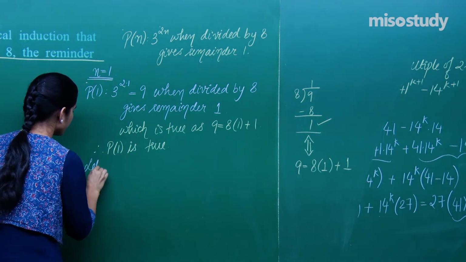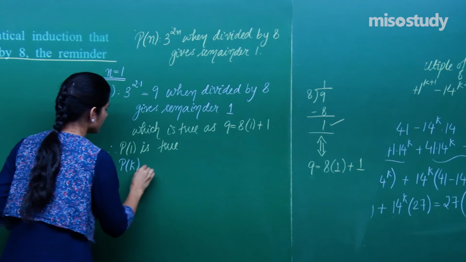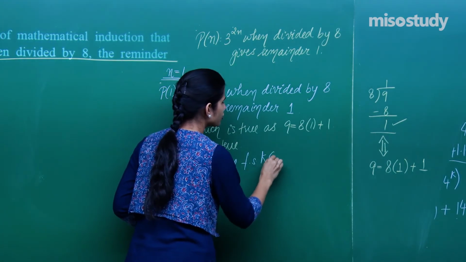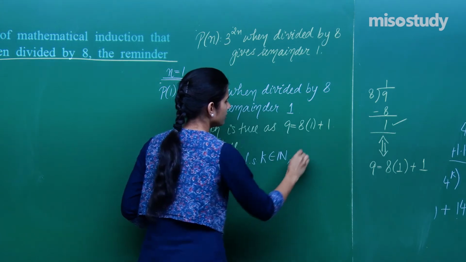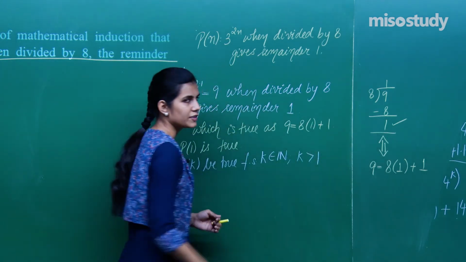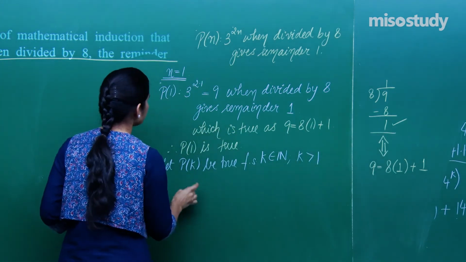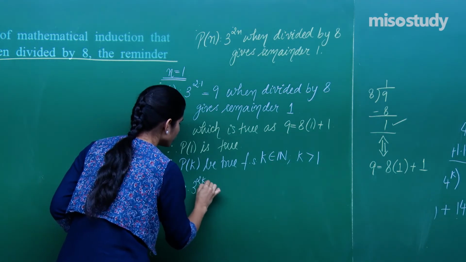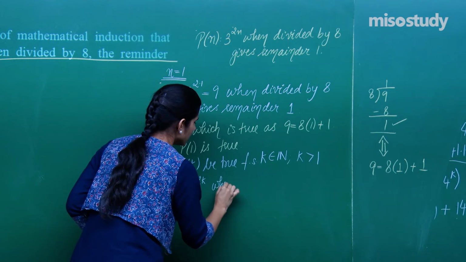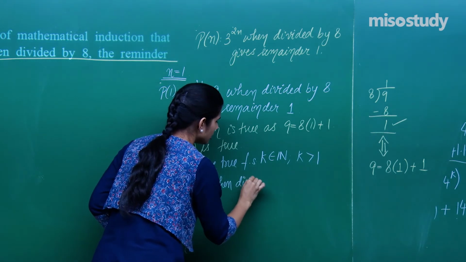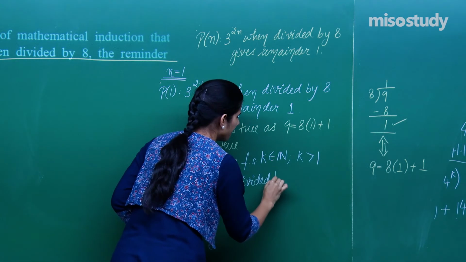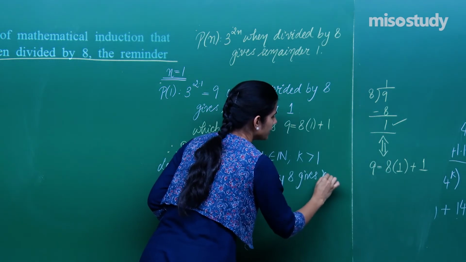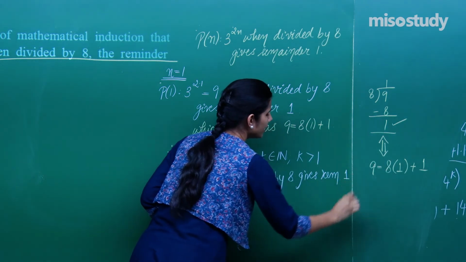Let Pk be true for some natural number k where k is greater than 1, because for 1 we have already proved. If Pk is true, that means 3 to the power 2k when divided by 8 gives remainder 1.